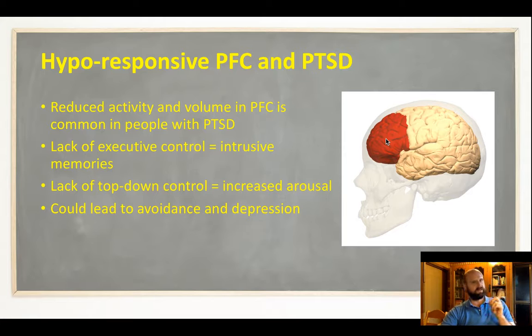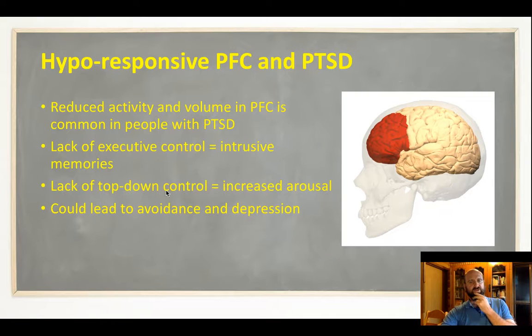That's one explanation. But what we're going to use the evidence for in the next lesson is really looking at top-down control. If we have a lack of top-down control, so if I can't down-regulate my emotions, if I can't control my emotions, and that also means controlling the activation of my amygdala from my prefrontal cortex, I'm going to have increased arousal. So my arousal levels are going to stay higher because my amygdala is going to keep activating.